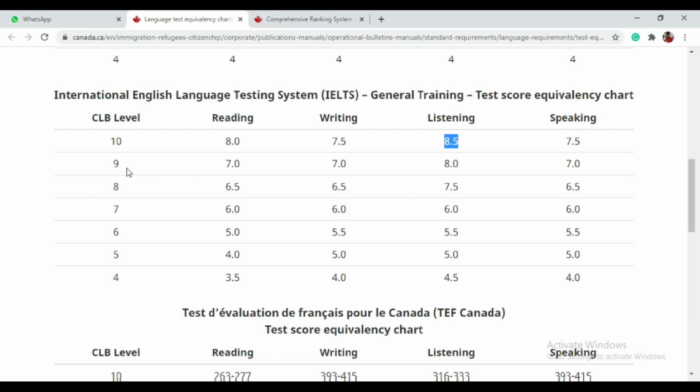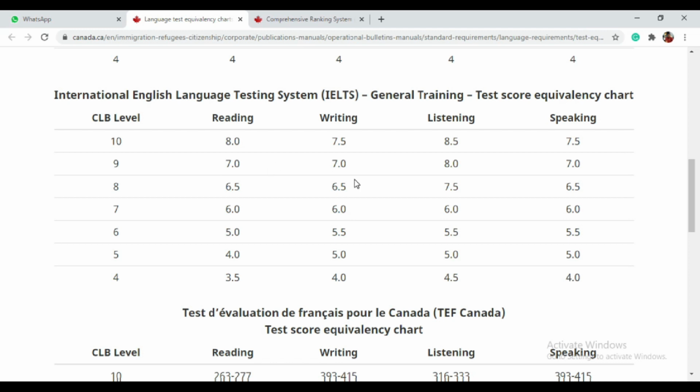For example, in CLB 9, you need 7 bands in reading, 7 in writing, and 7 in speaking. But your listening bands need to be 8 bands at least. Then your score becomes the golden score. But if your age is above 30, then this is no more a golden score in the current scenario. In the current scenario, CLB level 10 is your way out.